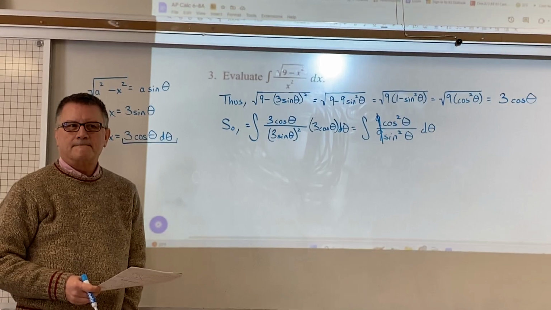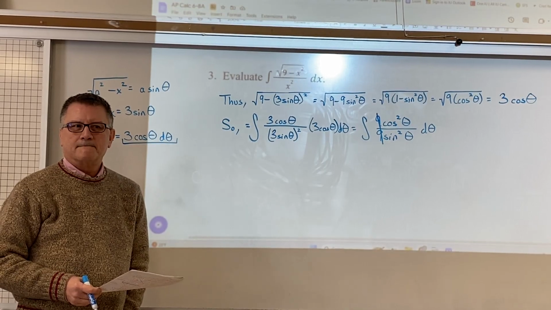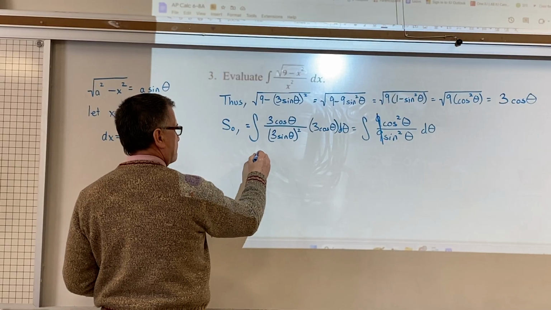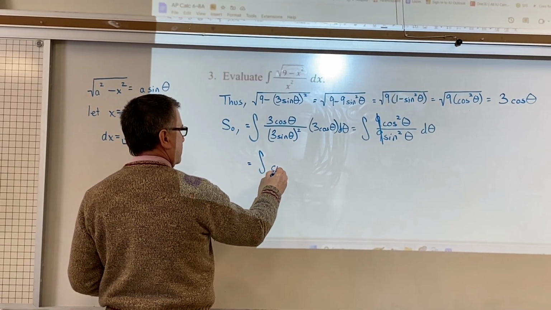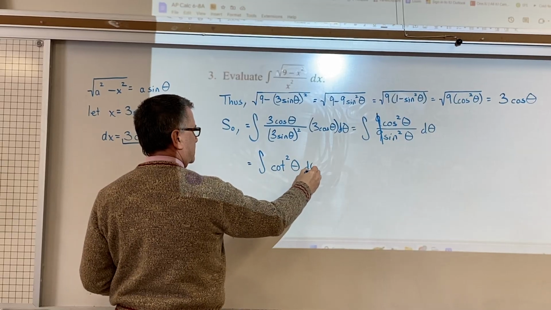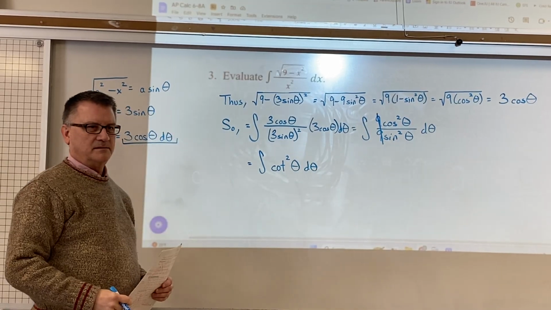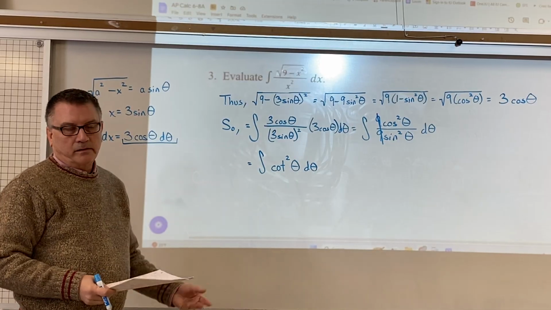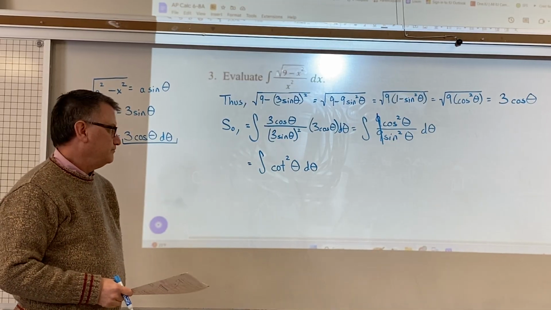You see that it's tangent squared, maybe, the inside. Did you say cotangent squared? Is that what you said? I said tangent, no, yeah, because it's cosine over sine. Yeah. Okay, we'll try that.